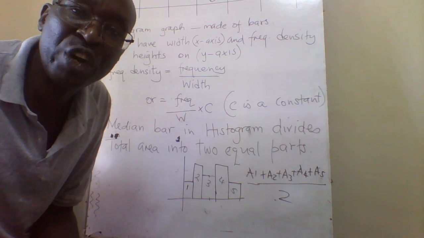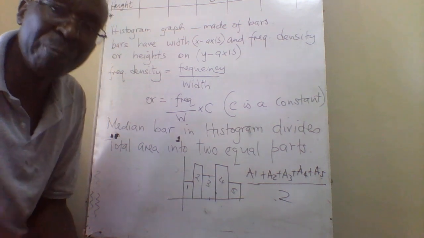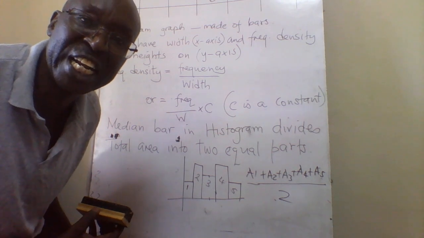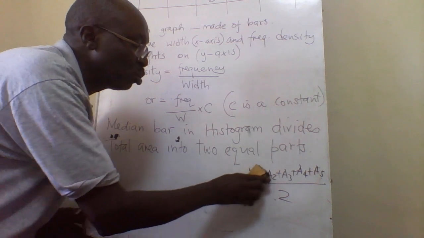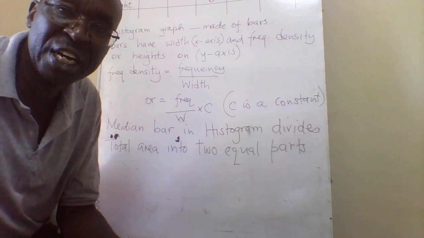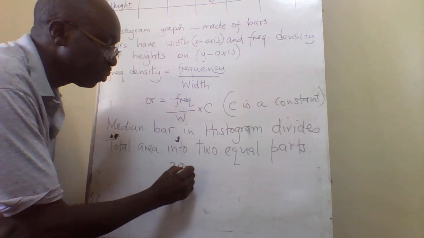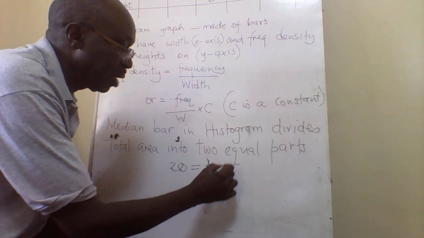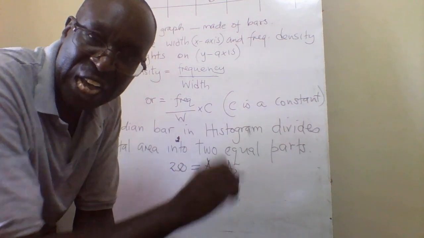That is where you are going to draw your median bar. For example, if the total area happens to be 500, what is 500 divided by 2? 250. Therefore, 250 is equal to perhaps area 1 plus area 2, but it does not have area 3 as a whole.